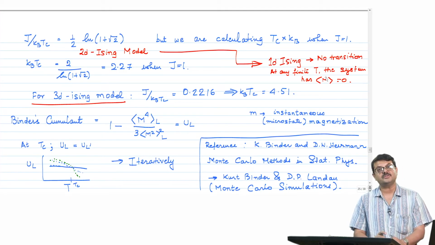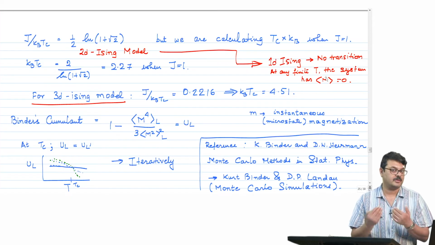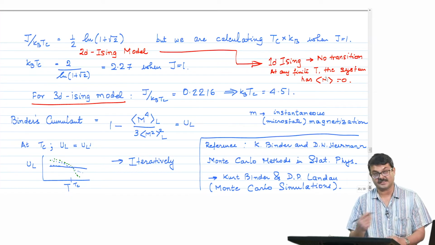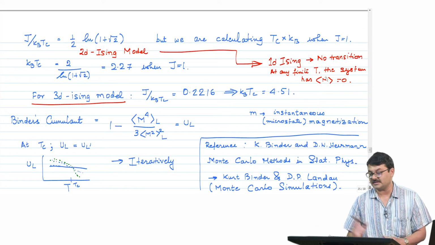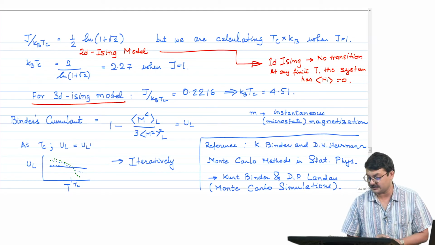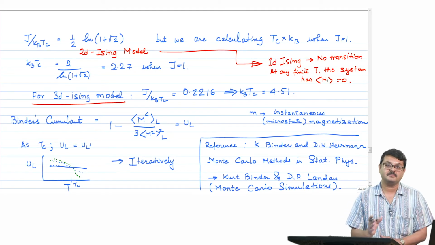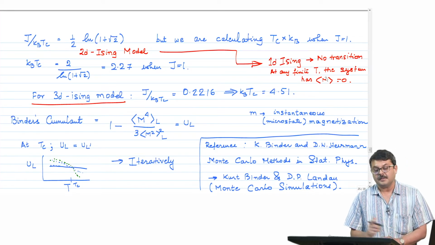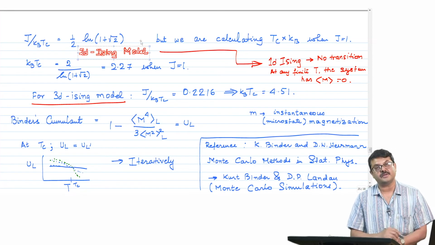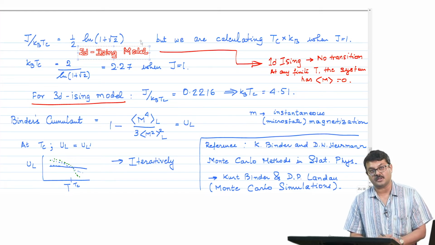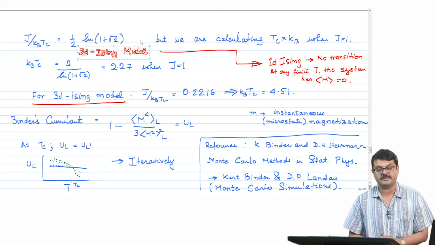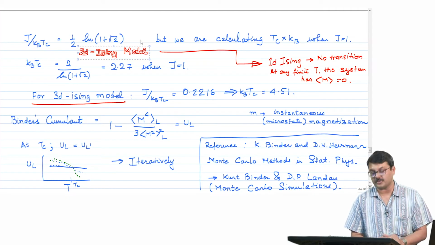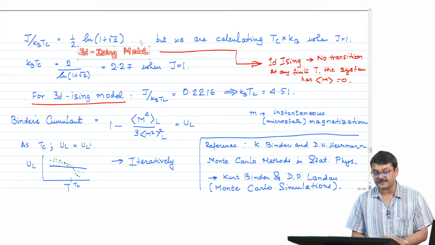Only at T equal to 0 do you find that all spins are either pointing up or down, but at any finite temperature it is disordered, and it can be calculated easily for the 1D case. He found that there is no transition, so he gave up. He thought that the model is of no use, and it took quite a few years, 20-25 years, before Onsager could analyze the Ising model exactly in the 2D case, and he used some transfer matrix formalism, which you should read up in your statistical mechanics book if you are interested in the topic.